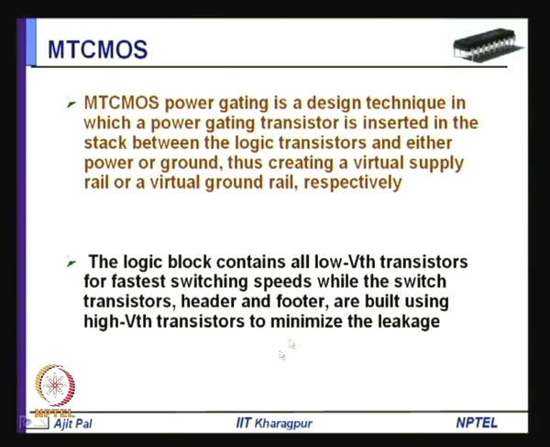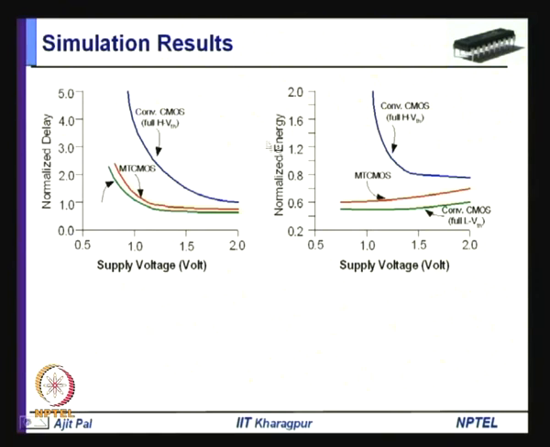So, the basic idea here is you are not really sacrificing the speed of operation, because when the circuit is in normal mode, the sleep transistors are on, and this was verified by simulation, and the simulation result is shown here. So, here you can see three lines shown for the three different supply voltages.